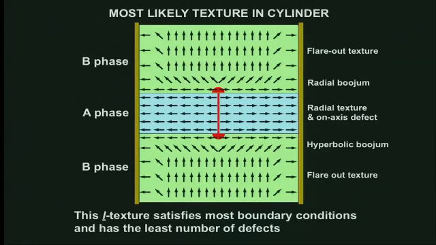So that's a two-dimensional picture. But actually it gets even more complicated, because it turns out that this boojum on the AB brane has to extend into the B phase with a hardcore vortex. It also turns out that the L direction in the A phase next to the interface and the L direction in the B phase next to the interface have to be perpendicular to each other.